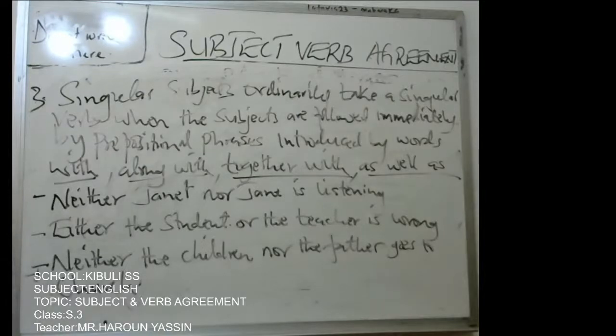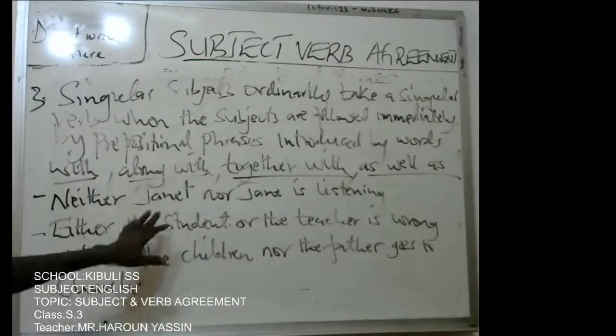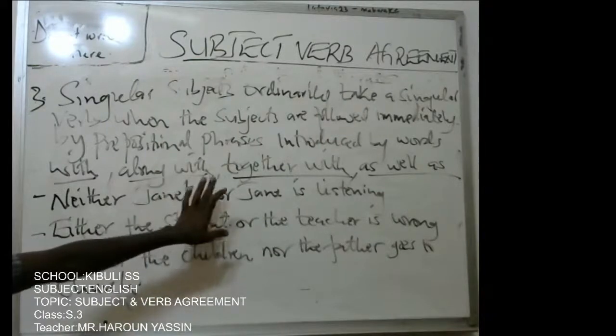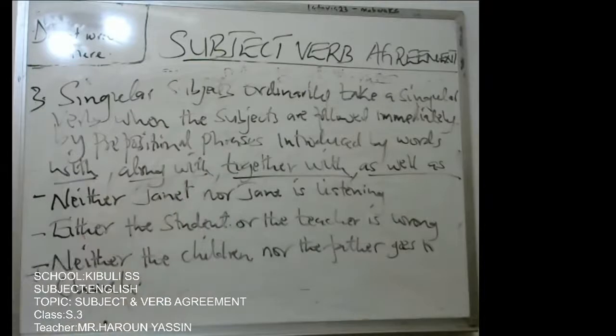Now let us look at these three sentences. We are having compound subjects, but these compound subjects are joined by these words here. We either have or, nor, either, nor, or either, or. Okay, so we have got two subjects in this sentence.